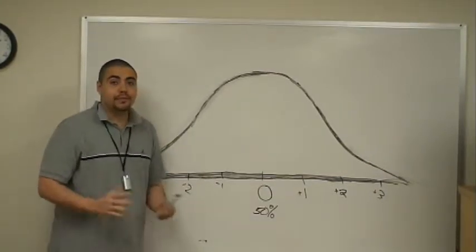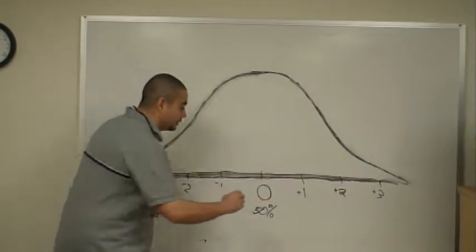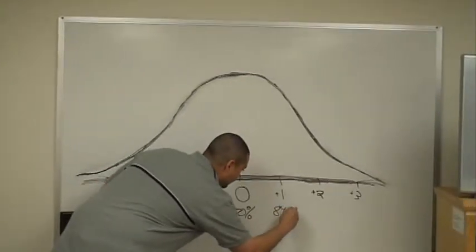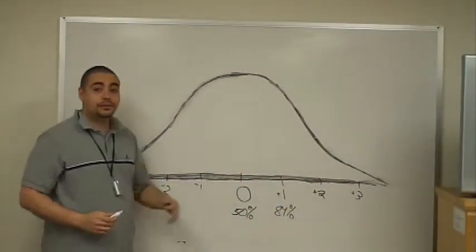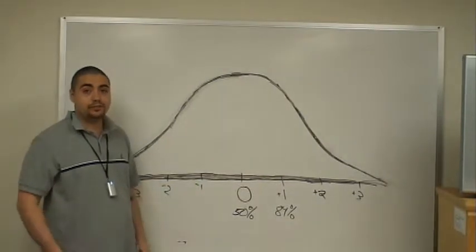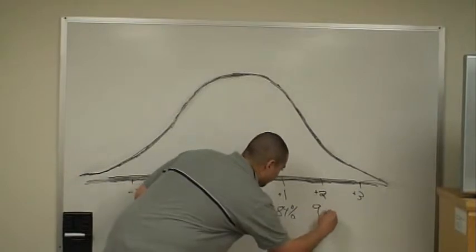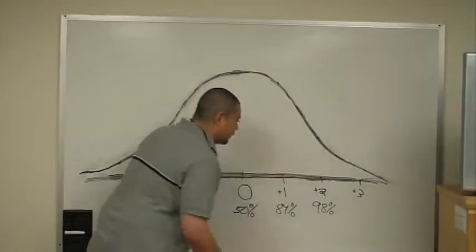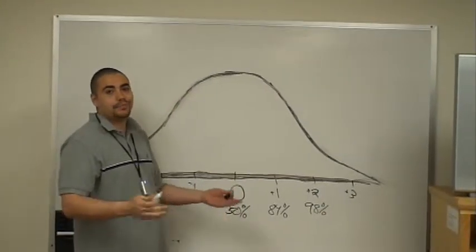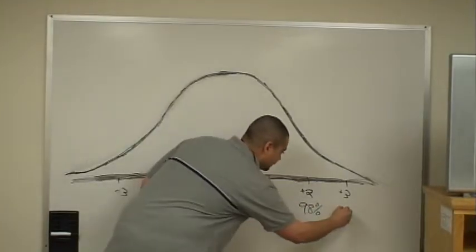One standard deviation above the mean would be the 84th percentile rank. 2 standard deviations above the mean, or a z-score of 2, corresponds to a percentile rank of 98%. And then +3 is like 99% or even greater than 99%.